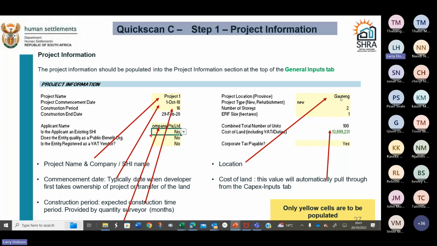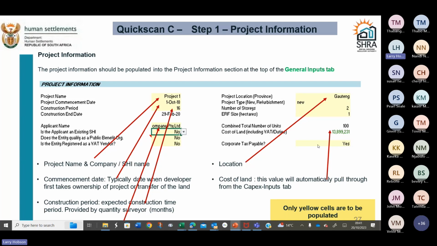Then we go to the location. So you put your province, different types of project, if it's a new build or a refurbishment, number of stories, erf size in hectares. So if you're in a city, you want to have a big erf size, so you just have to put 1 hectare, I presume.